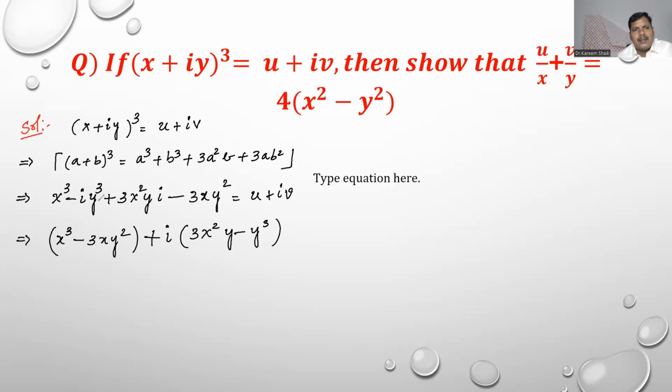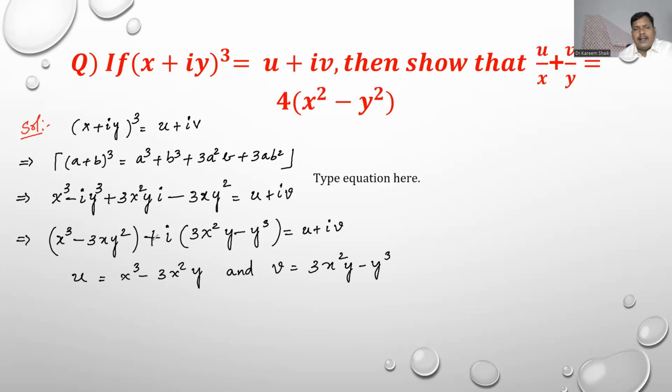Next I have taken this term, that is minus y cube, is nothing but u plus iota v. Now here your u value is x cube minus 3xy square, and v value is 3x square y minus y cube.